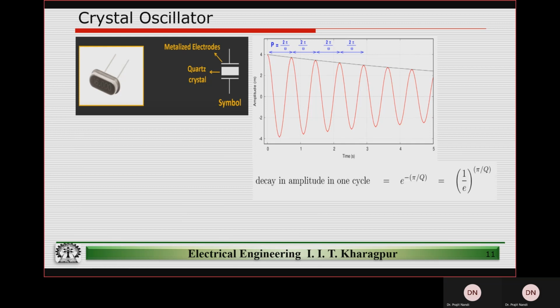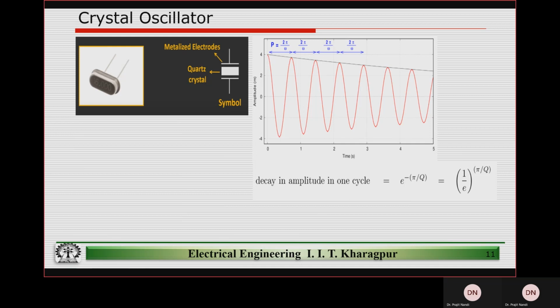And that is one important criterion for an oscillator. For an ideal oscillator, we don't want the energy to be dissipated in any form. We want the energy to remain in the system, either in the capacitor or in the inductor. The capacitor energy can be equated to potential energy and the inductor energy to kinetic energy.